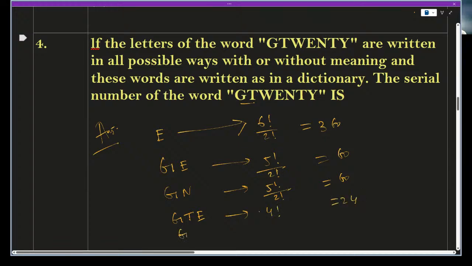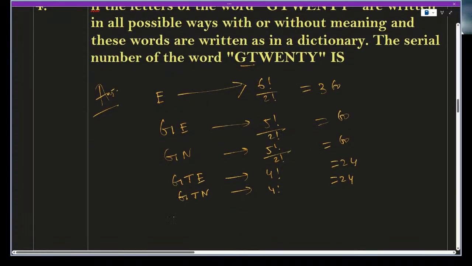Then which one comes? GTN. Yes. This is factorial 4, that is 24. After GTN? No, wrong, GTT. You haven't considered this case. This will also be factorial 4.